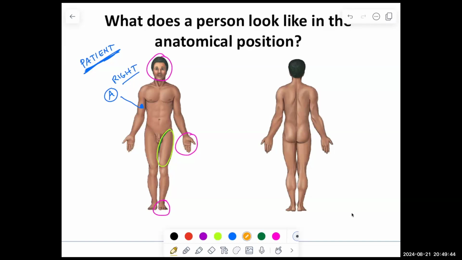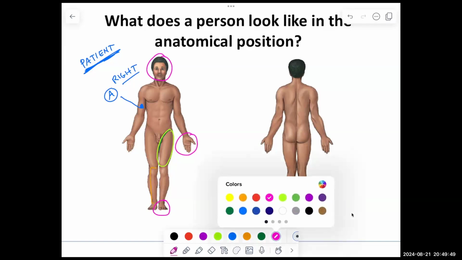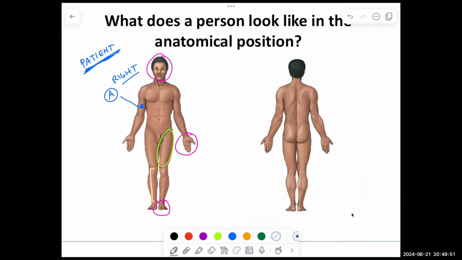Which one is the leg? This one is the leg. What part of the body is this? The arm.